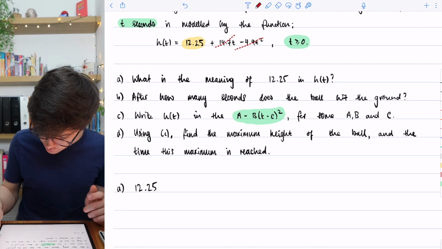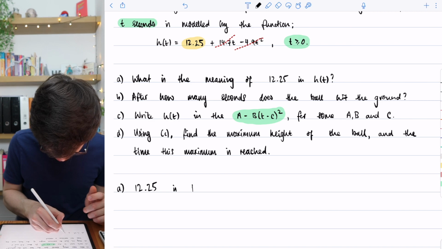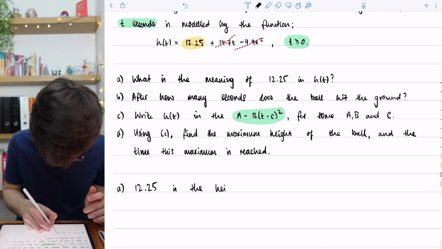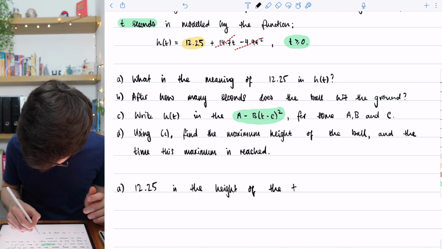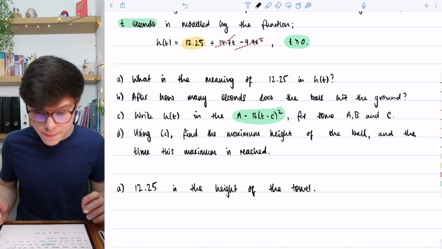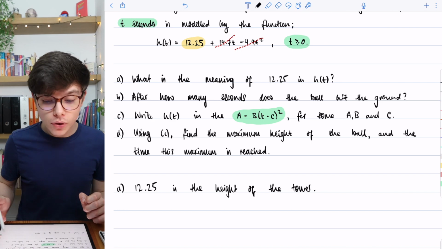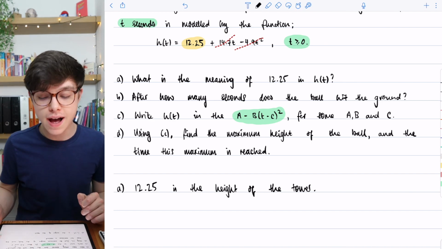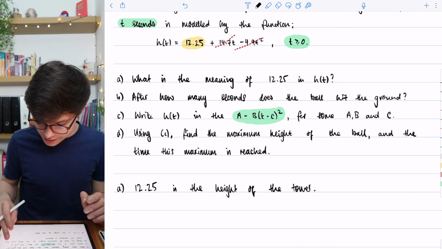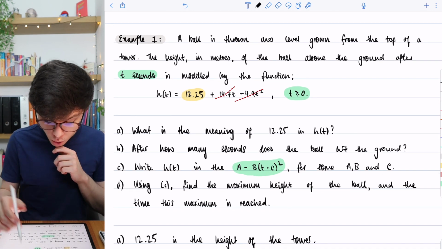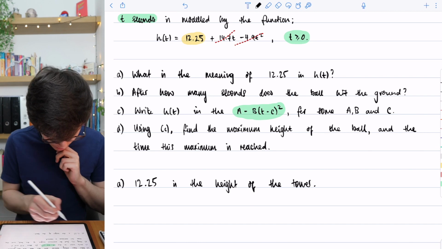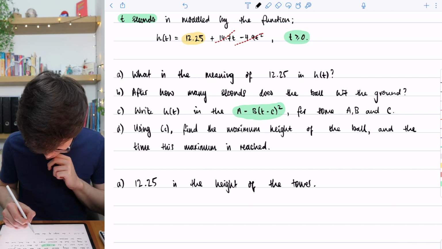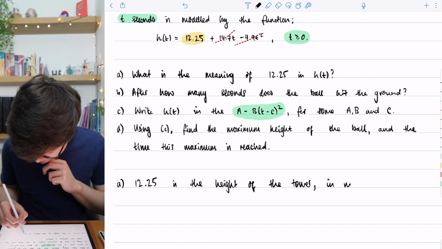So 12.25 is the height of the tower, okay? And it says in the book here, the tower is 12.25 metres tall. Oh, it does say the height in metres. Okay, so we can say 12.25 is the height of the tower in metres.